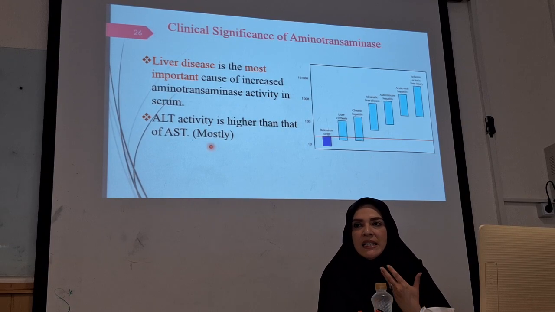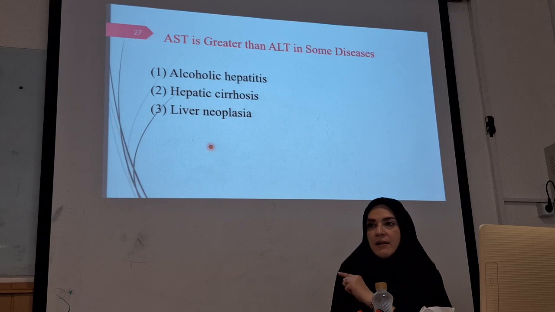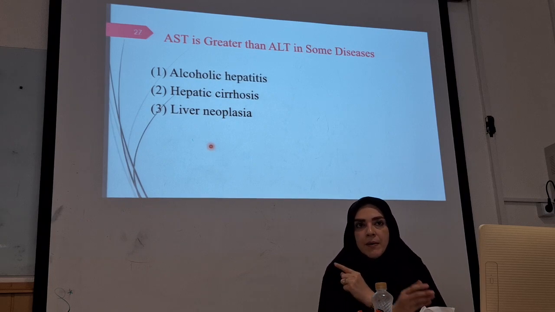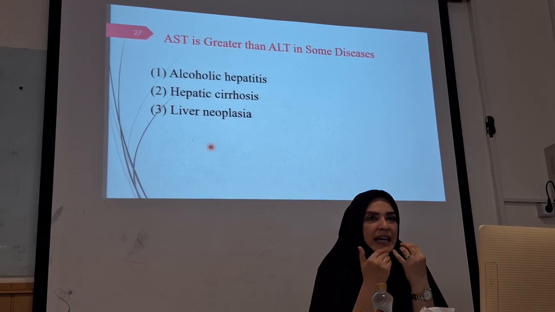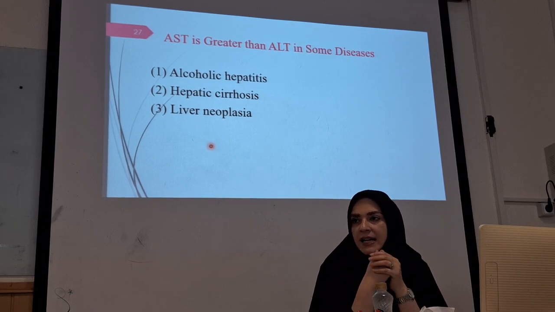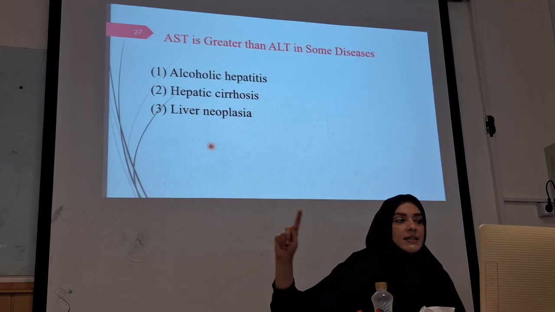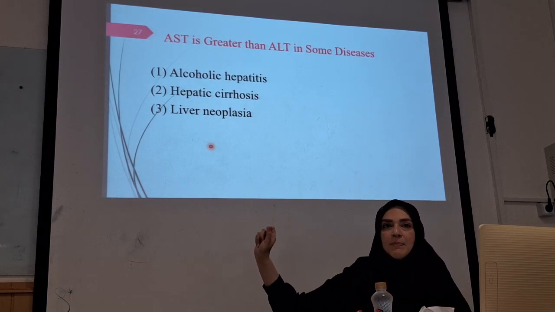Whenever you have some liver disease. But we have some exceptions. This slide is very important because normally ALT in a liver disease is higher than AST. But as a physician, you should know these three exceptions.